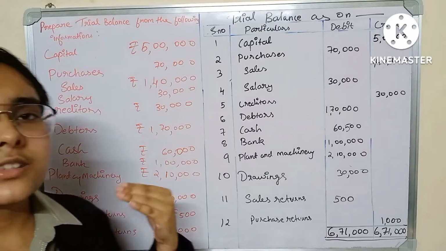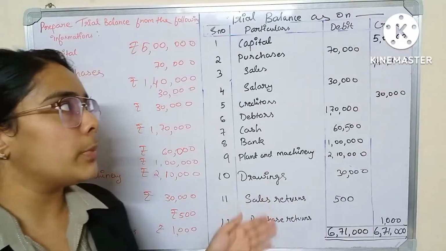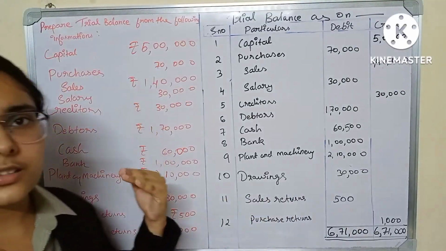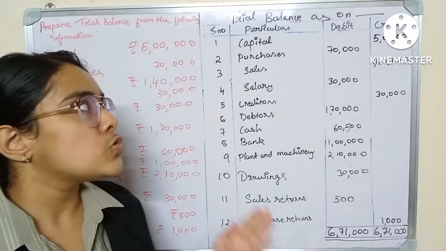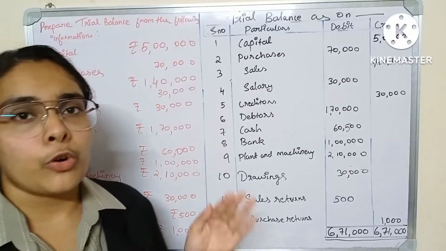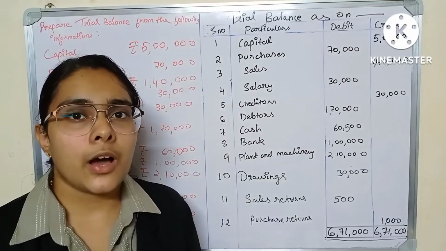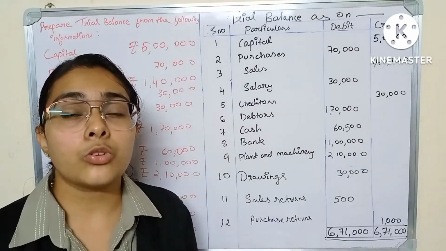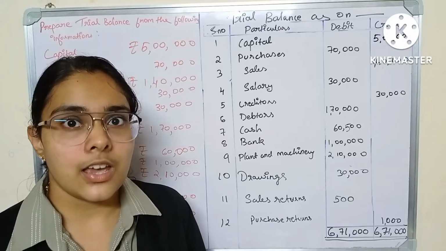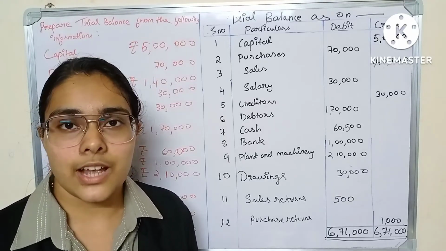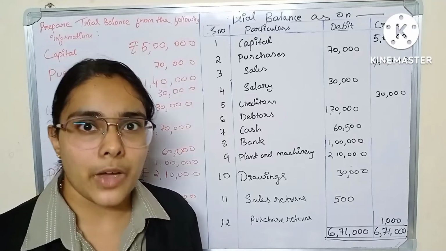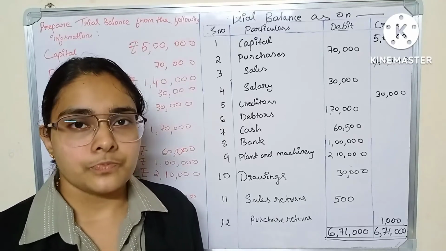So in certain questions you will be given balances like this, and you will be asked to prepare a trial balance. So what will you do? For this purpose, you must have a thorough knowledge about the rule of debit and credit relating to the four categories of account that we have discussed, that is assets, liabilities, expenses, and incomes.